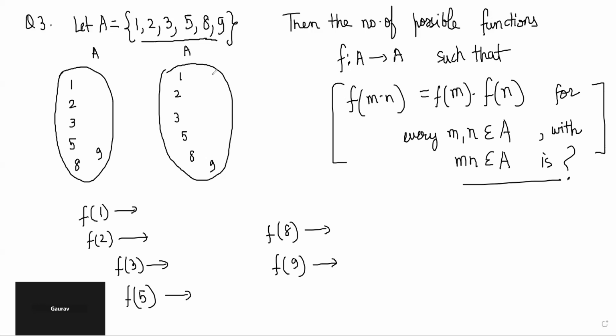Also, it is not necessary that all of them are possible, because you always have to satisfy this condition. You have to find how many actual choices there are for each of the variables f of 1, f of 2, and so on, so that it satisfies the given condition.